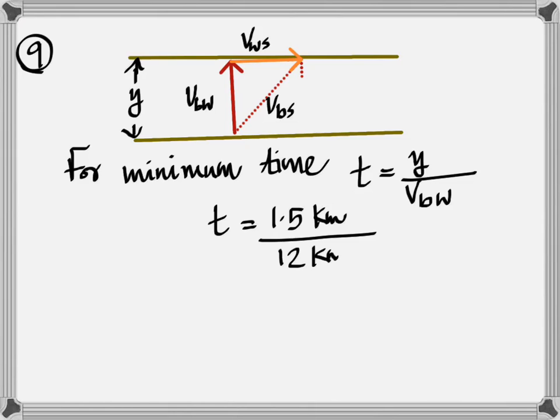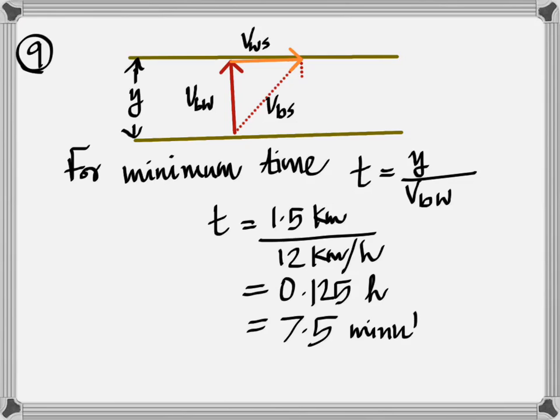And so time is just the vertical displacement divided by the vertical velocity. So 1.5 kilometer divided by 12 kilometer per hour, so you get 0.125 hour, which is 7.5 minutes.